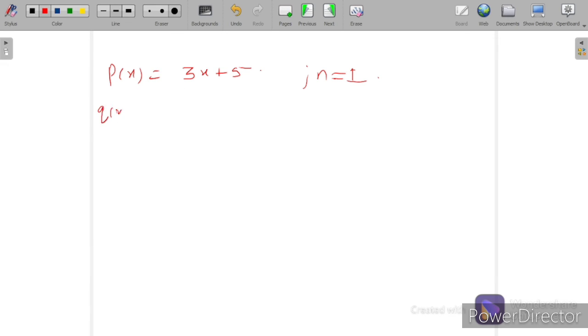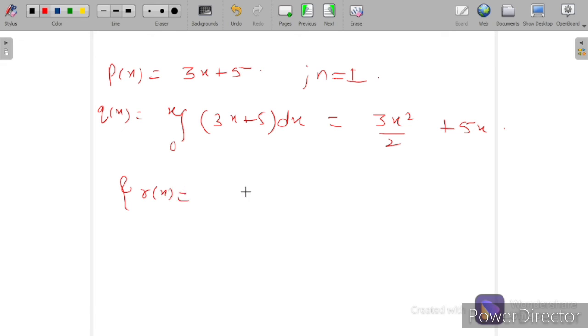Then q of x will be equal to integration 0 to x of 3x plus 5 times dx. This will be equal to 3 times x square by 2 plus 5x. Okay, and r of x is equal to differentiation of p of x. That means r of x is 3.